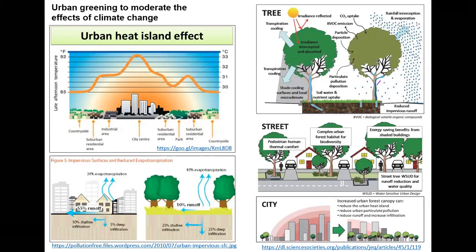So it's very important that we start looking at urban greening simply to cool down these major heat islands of our metropolitan and city areas. And there is a classic example of Rio de Janeiro.